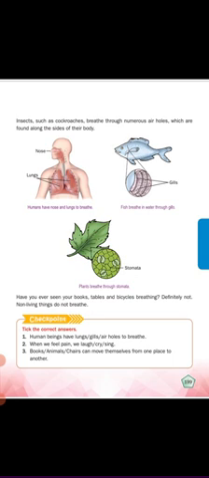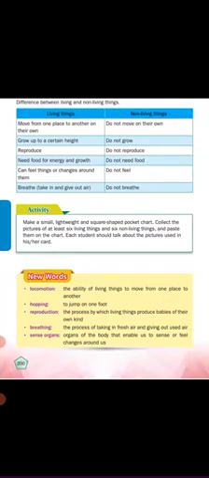Have you ever seen books or tables breathing? Definitely no. Books, tables, chairs, nothing breathes. Now see the difference between living and non-living things. Living things move from one place to another, but non-living things do not move. Living things grow up to a certain height, non-living things do not grow.